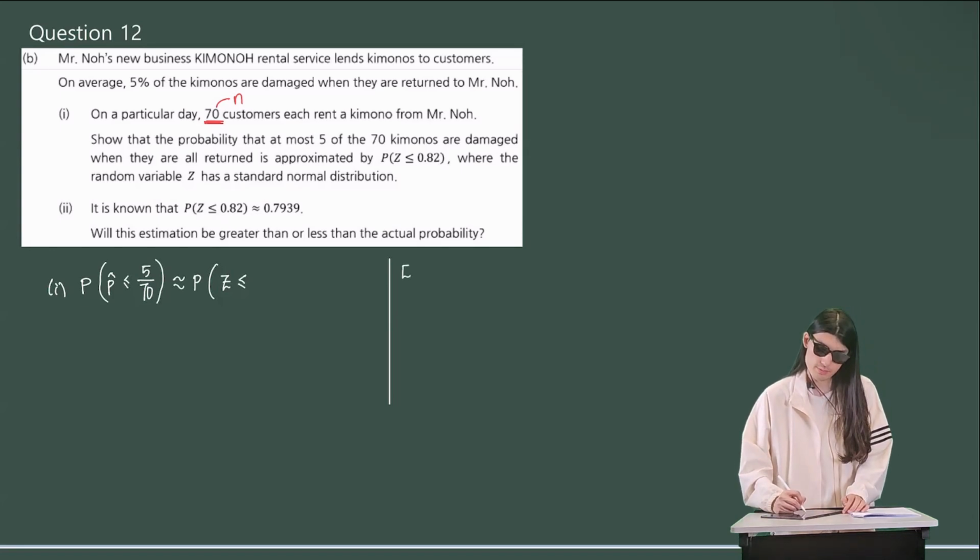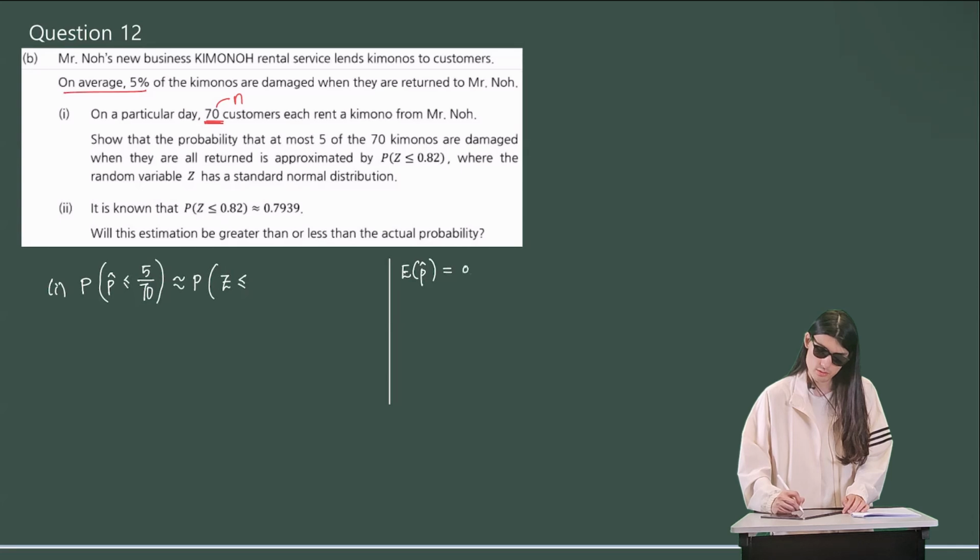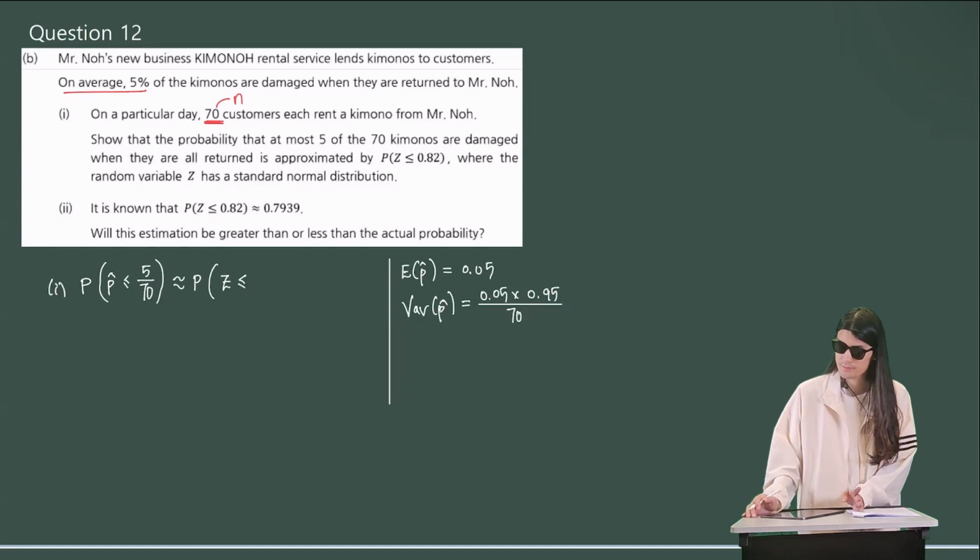And the expected proportion of kimonos which are damaged is, of course, just as the question says, on average 5%. And the variance is obtained through P times 1 minus P over the sample size n, isn't it?